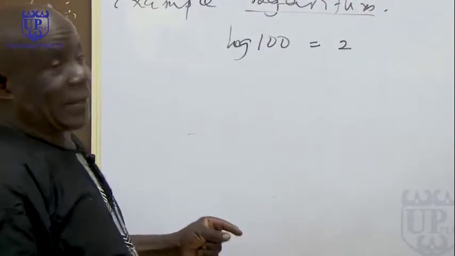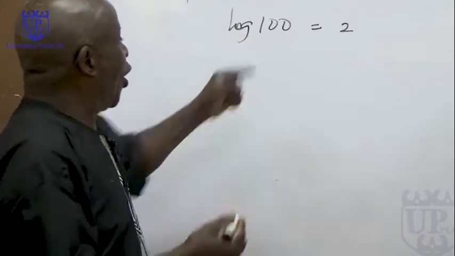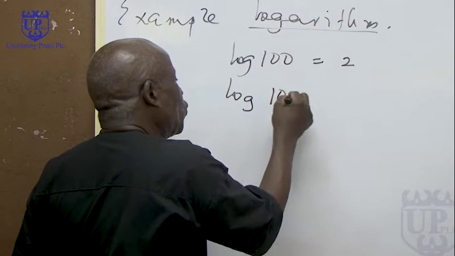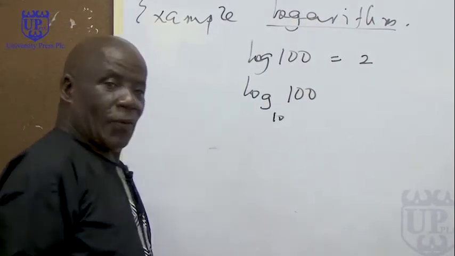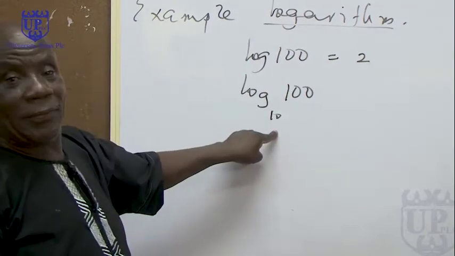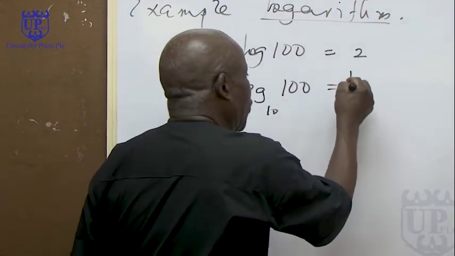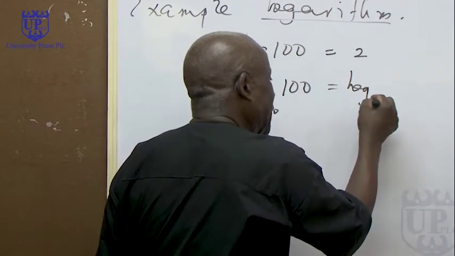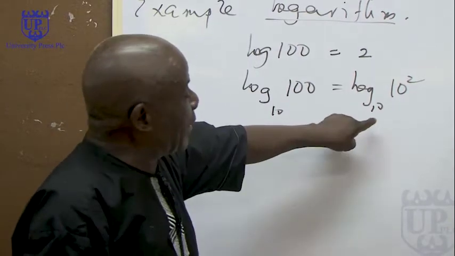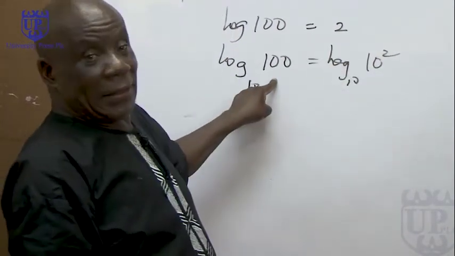The reason is this. We are operating in base 10, in decimal scale. So log 100 is the same thing as log of 100 to base 10. For the fact that the base is not specified here means it is in base 10. And 100 is the same thing as 10 raised to power 2. So this is logarithm to base 10, 10 raised to power 2. By that definition, the power this base is raised to is 2 to get 100.